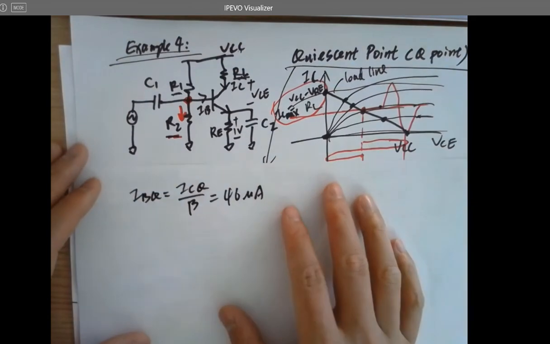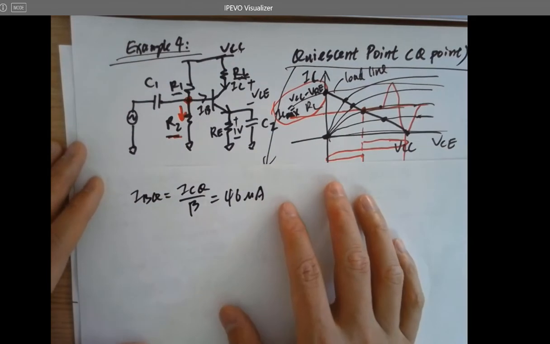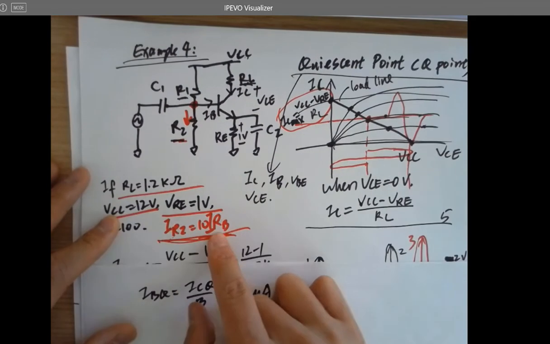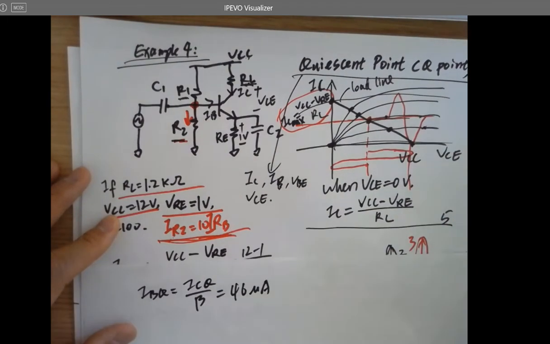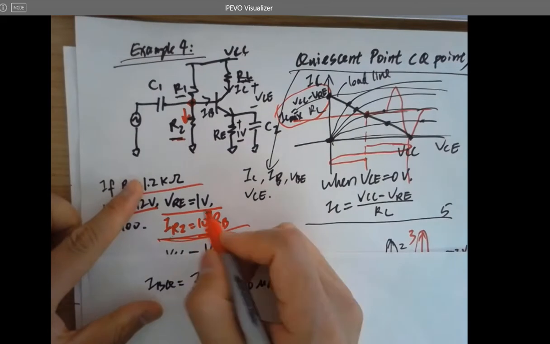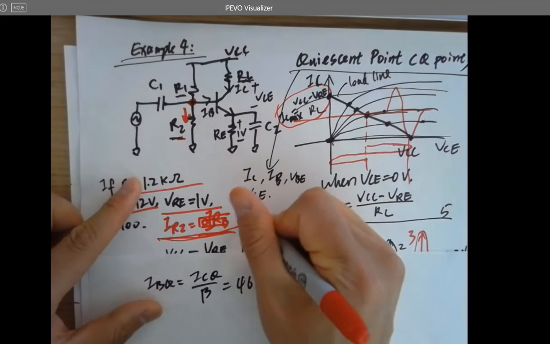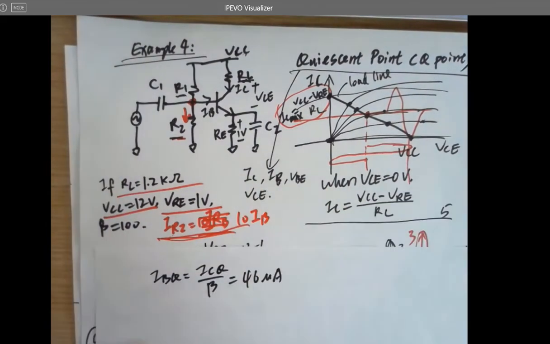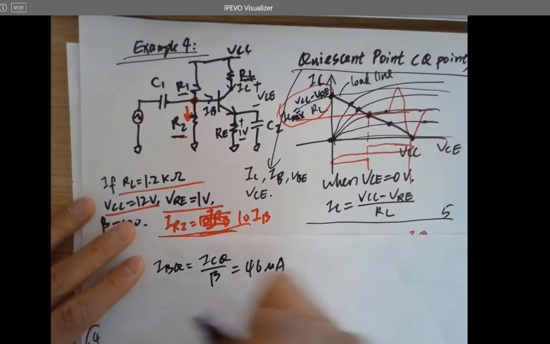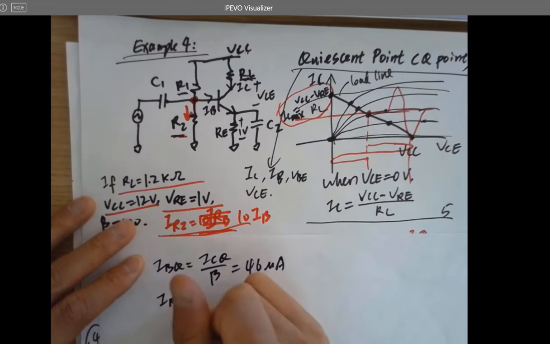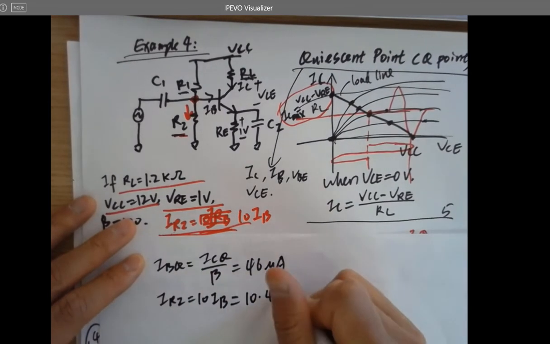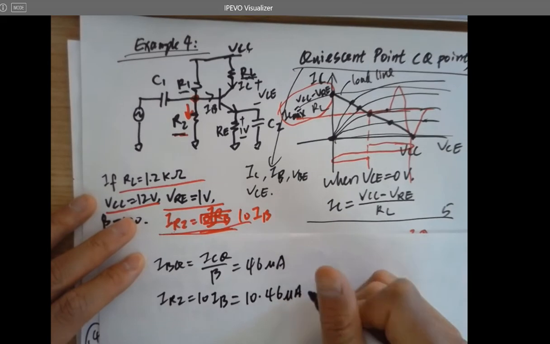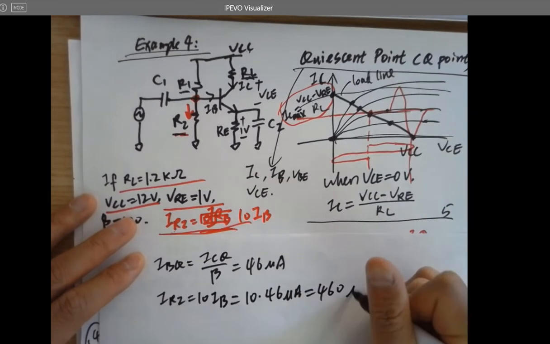And since we are assuming IR2 is 10 times IB, it's not IRB, it's IB actually. There's no RB. IR2 is 10 times IB, which is 10 times 46 microamps, which is 460 microamps.